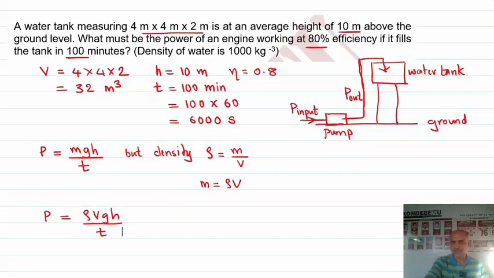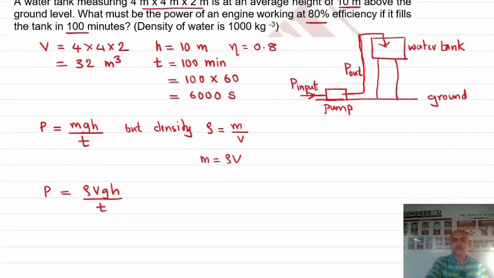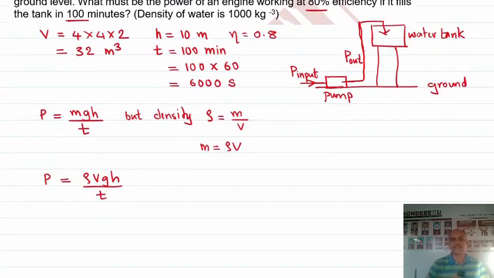You will get power. This power which we are calculating is the power output, that is required to raise the water to a height of 10 meters. So here I will write it as power out. Whatever we are calculating is the power required to lift the water. Density of water is 1000.